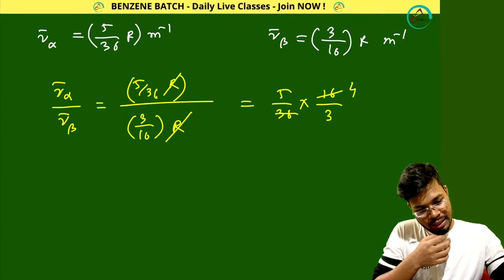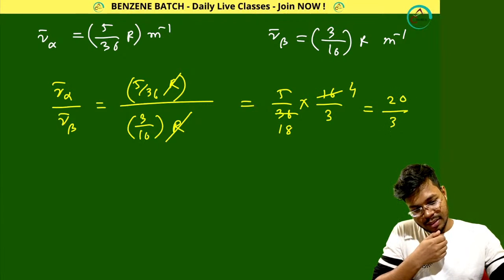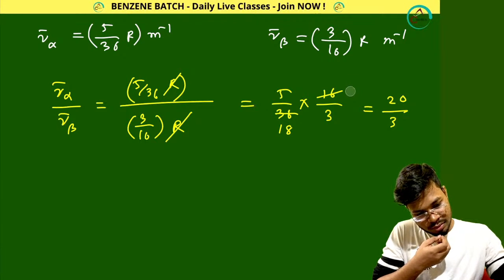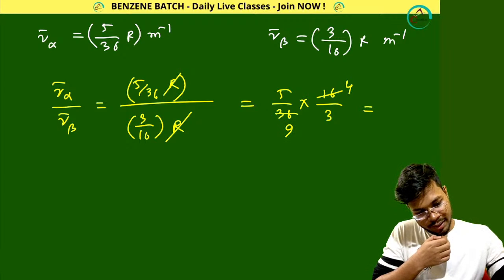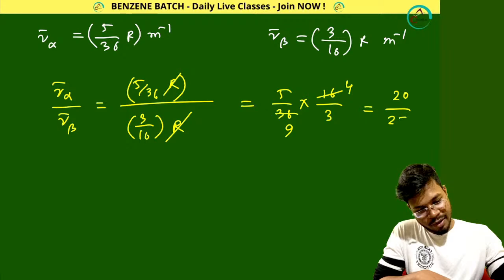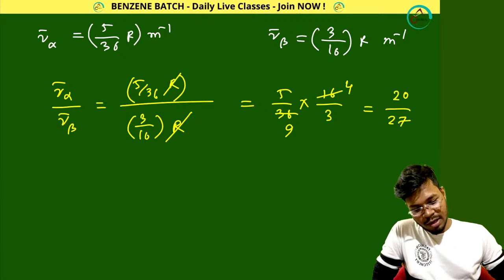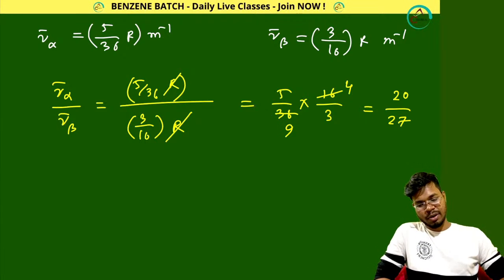So 4, 9. 20 by 27. Nu bar alpha divided by nu bar beta is equal to 20 by 27.